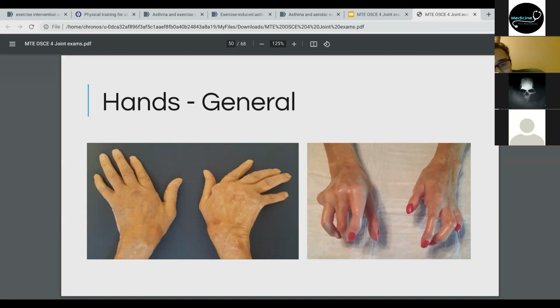Can anyone tell me what is happening in the second picture? Someone's written scleroderma. Perfect. So the positive sign here is that if you look at the skin of the hands, you have very shiny, tight looking skin. So she doesn't actually have so much of a problem in the joint, more that the skin is so tight that it's constricting how much she can move her fingers.